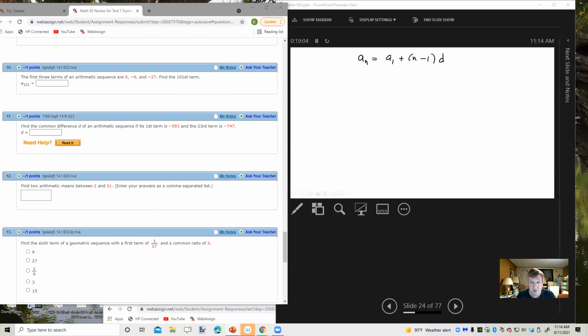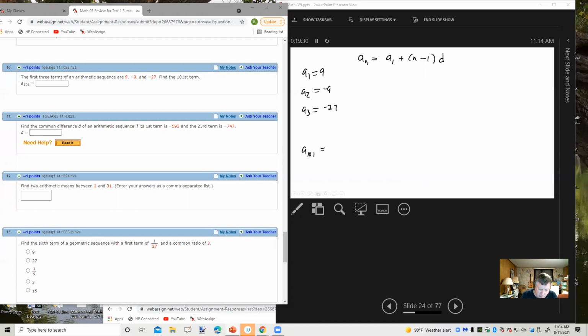Recall that a sub 1 is the first term, n is the subscript on a given term, and d is the common difference. So we know that a sub 1 is 9, a sub 2 is -9, and a sub 3 is -27, and we want to find a sub 101.